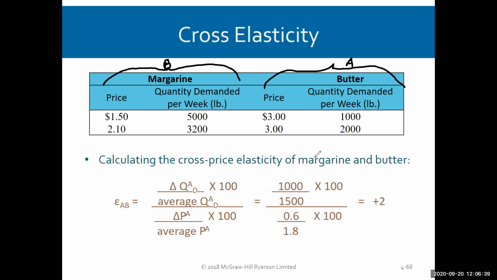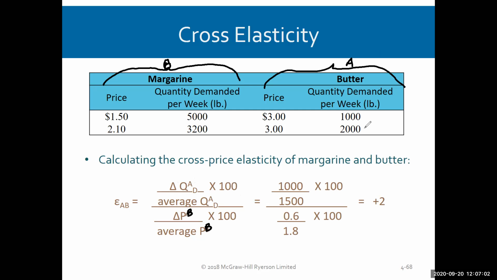Calculating cross-price elasticity of margarine and butter: it's the percentage change of quantity A due to the percentage change in price B. Notice they've got a mistake, it should be percentage change of price B, but we're smart enough to catch it. You take the change in quantity of A, which one's A again? Butter.